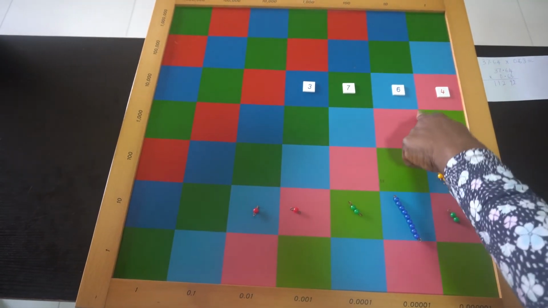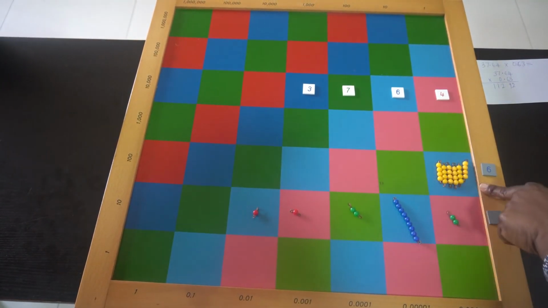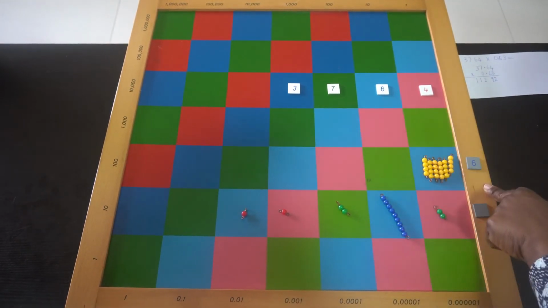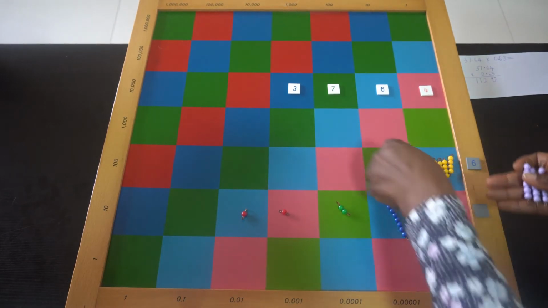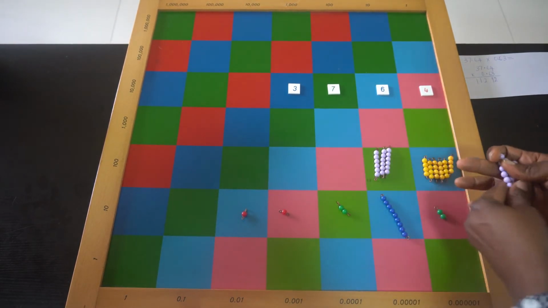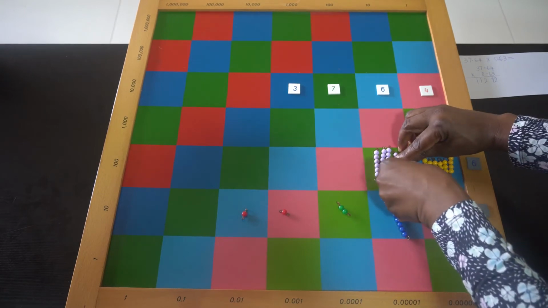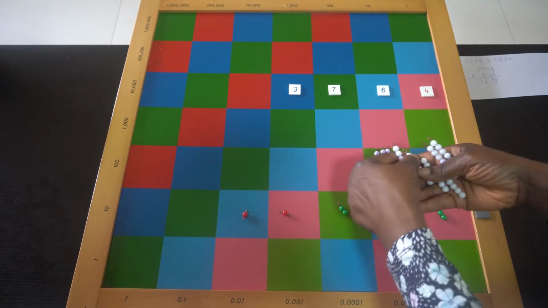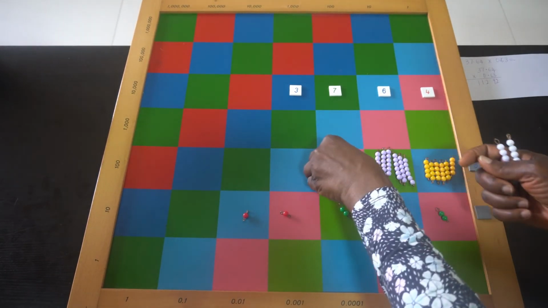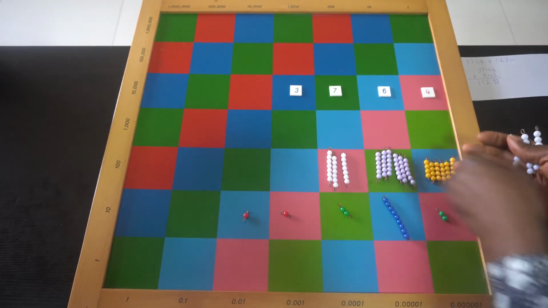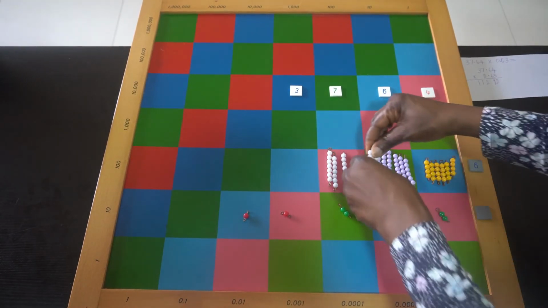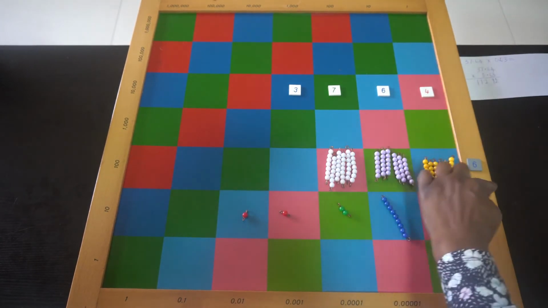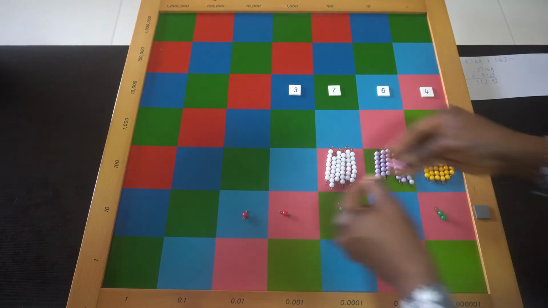You can see right here, 4 taken 6 times, 6 taken 6 times, 7 taken 6 times, 3 taken 6 times.